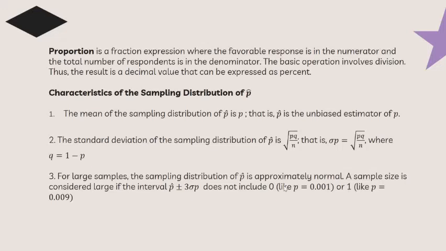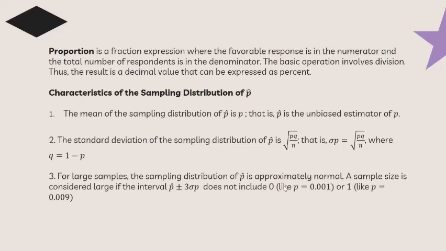So there are characteristics of the sampling distribution of p hat. First, the mean of the sampling distribution of p hat is p. That is, p hat is the unbiased estimator of your p. Second, the standard deviation of the sampling distribution of p hat is the square root of p times q over n. That is, sigma sub p hat is equal to the square root of p times q over n, where q is equal to 1 minus p.